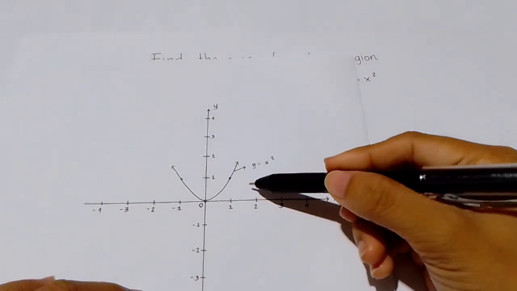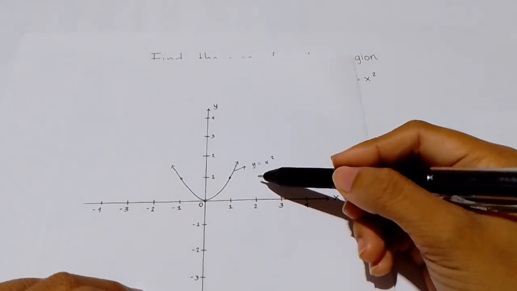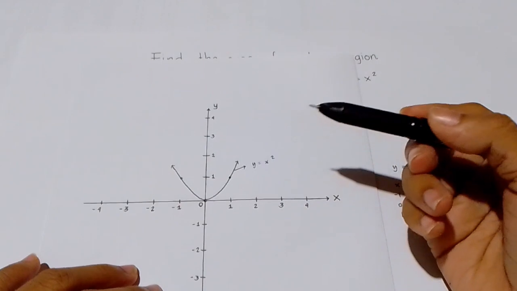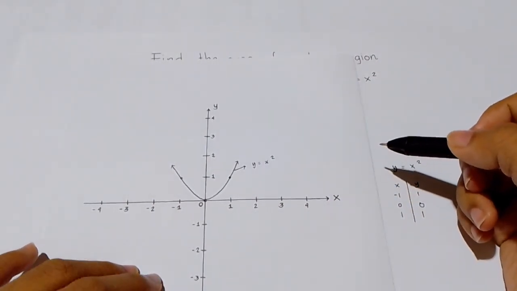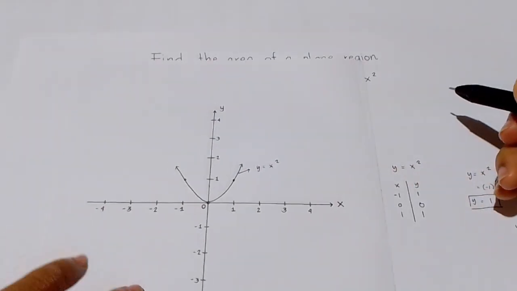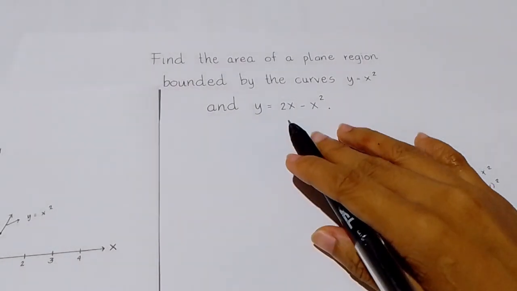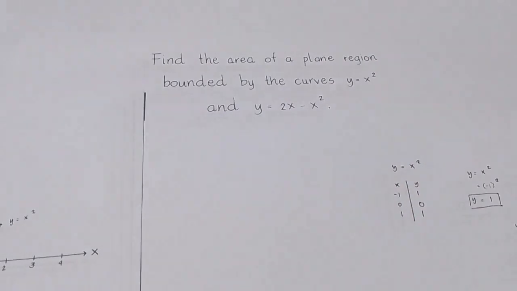As you can see, our x squared function is a parabola. So now let's proceed to our second function, which is y is equal to 2x minus x squared.